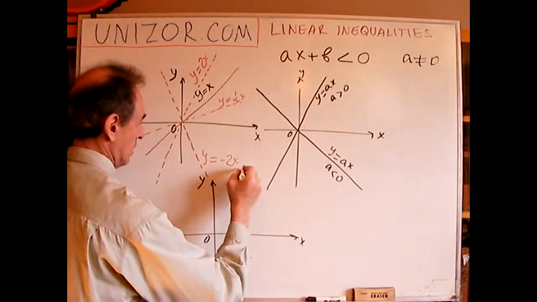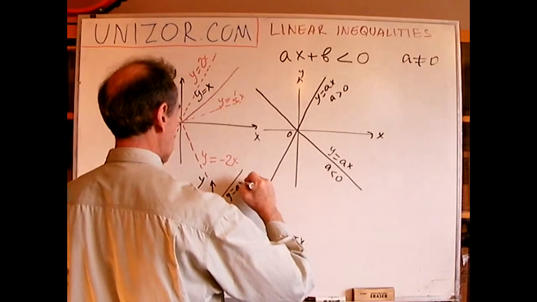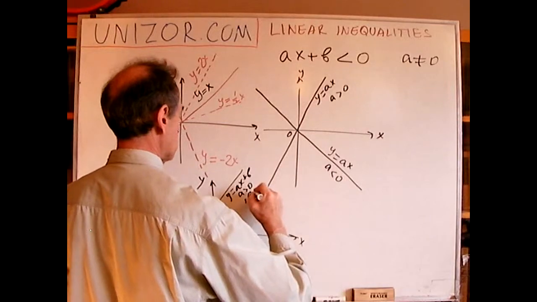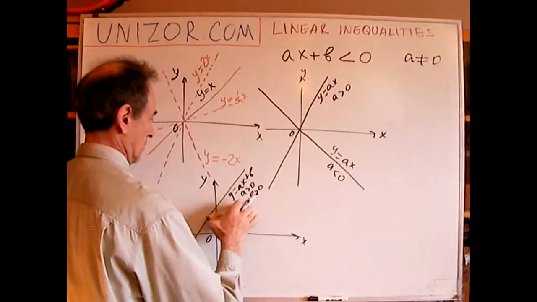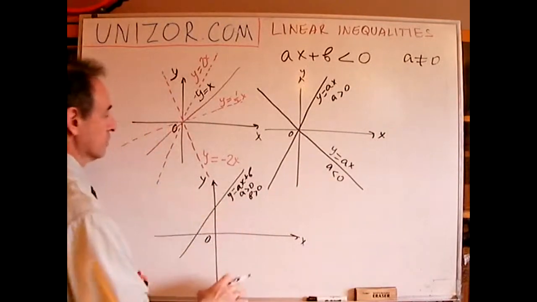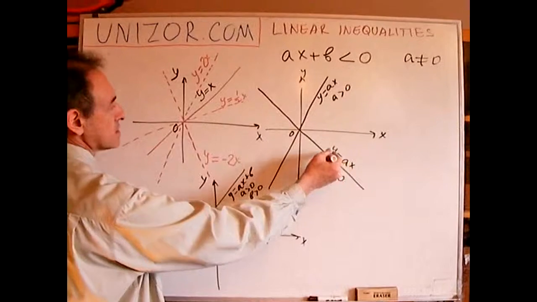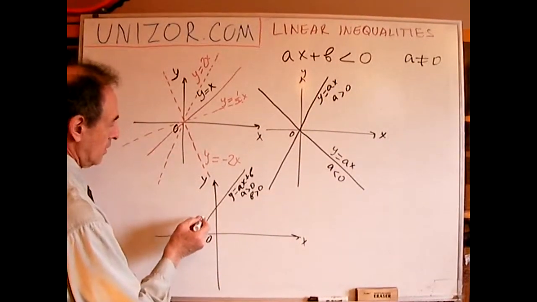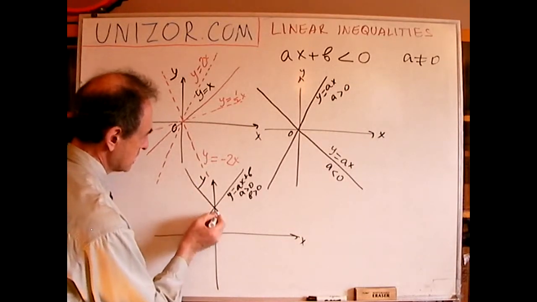This would be my y equals ax plus b, with a greater than 0 and b greater than 0. And I don't even want to draw the graph when b is less than 0. Now, in case of a less than 0, I will also move the graph upwards by the same value.